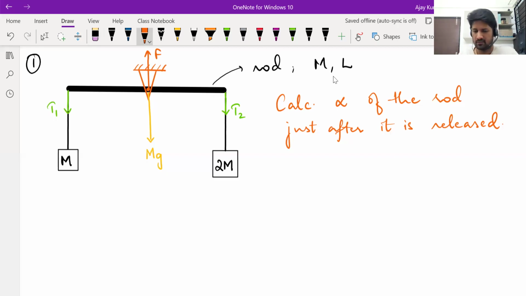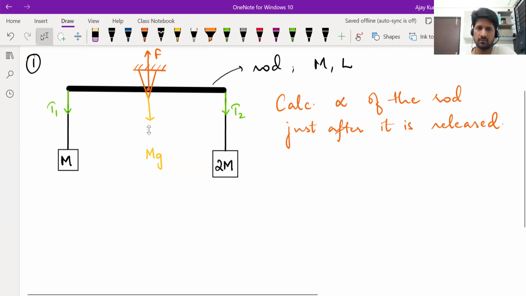So one of you tell me which forces can create torque about the point where the rod is pivoted. We have visualized the forces acting on the rod. Which of these forces can create torque about the pivot? T2, only T2.